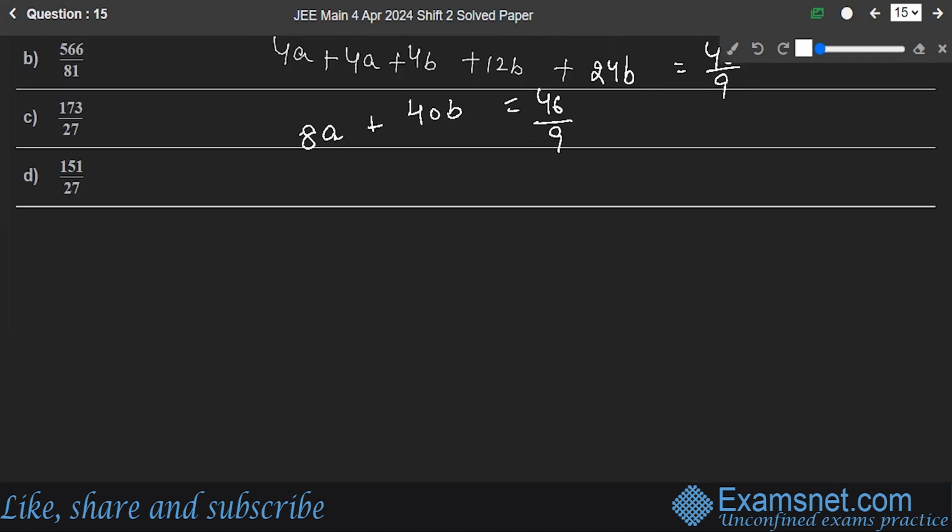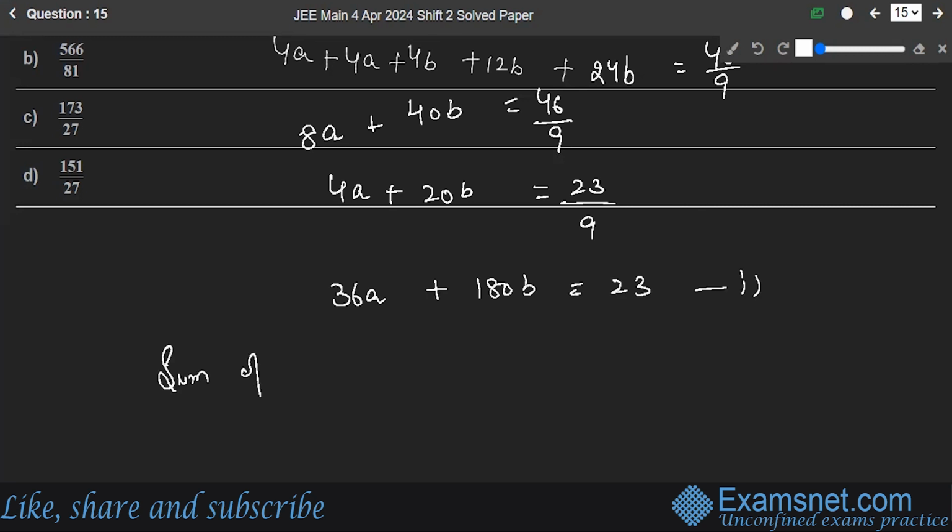Dividing both sides by 2, you have 4a plus 20b equal to 23 upon 9, or 36a plus 180b is equal to 23. Now you also know that the sum of probability is always equal to 1.